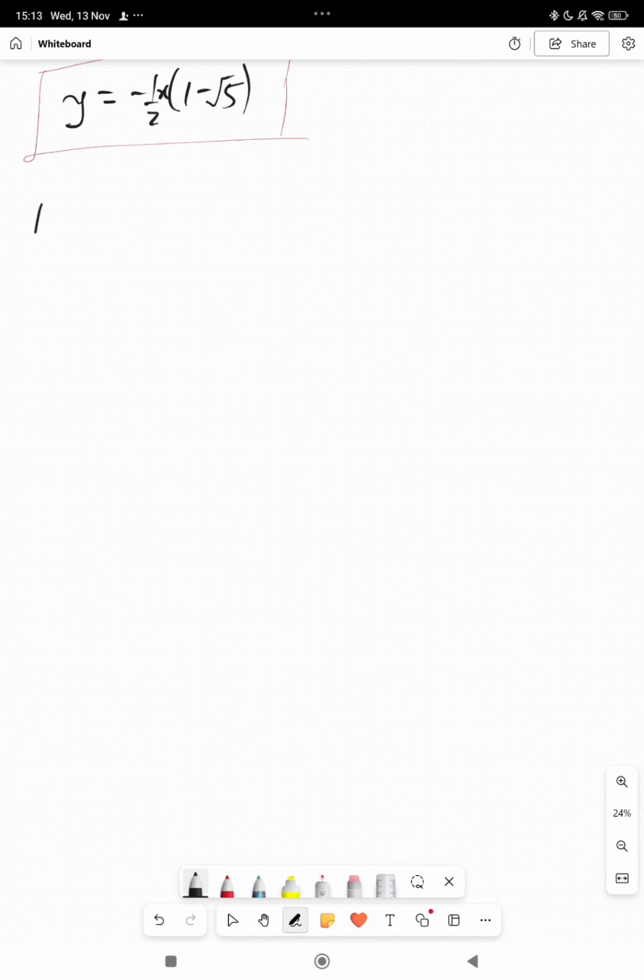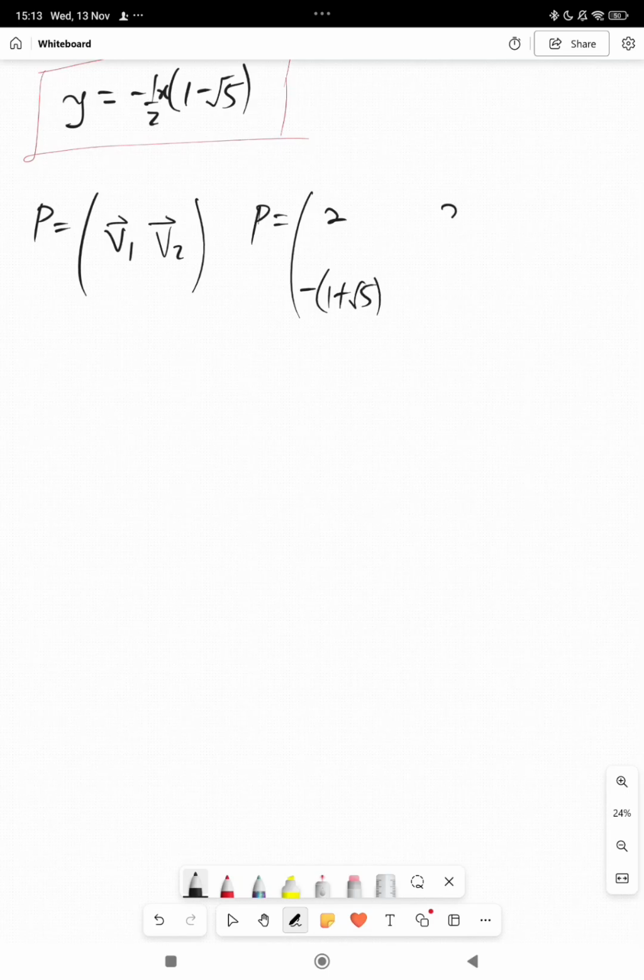Next, we write our P, which is made up of v1 and v2. So our P is equal to [2, -1 + √5; 2, -(1 - √5)].